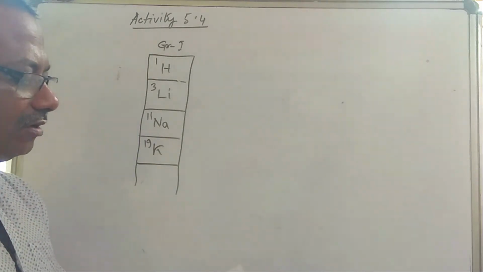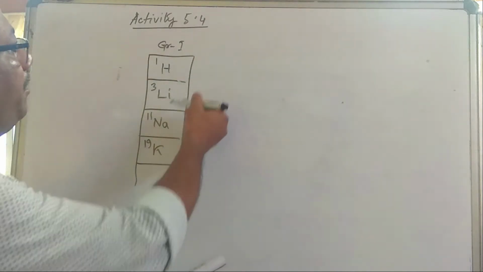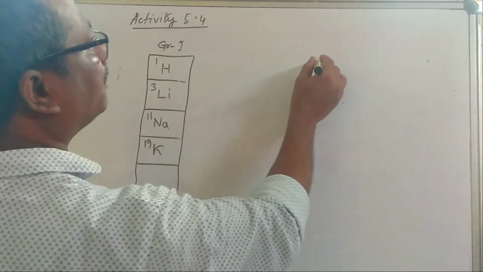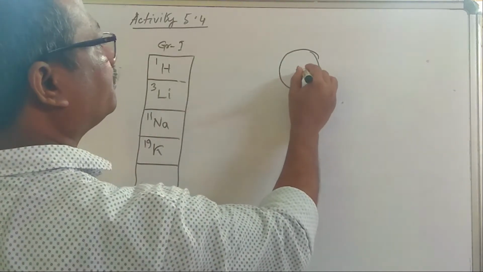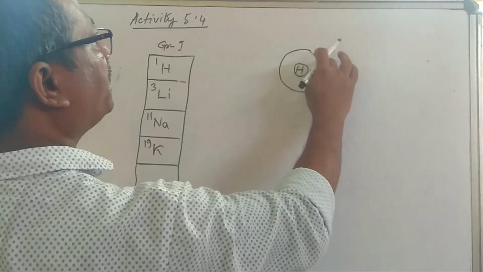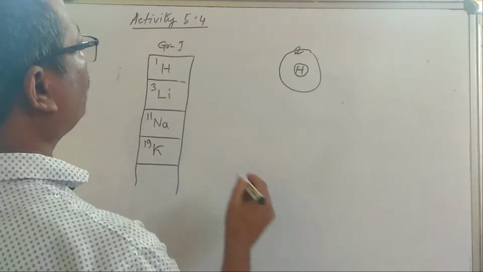Write down the electronic configuration of the first 3 elements of group 1. This is hydrogen. In the first shell there is only one proton, so only one electron will be there.